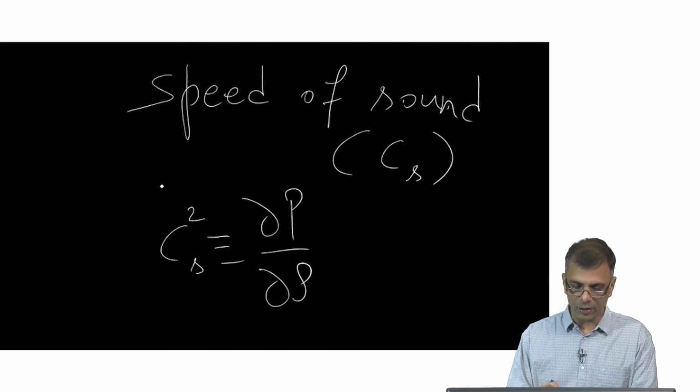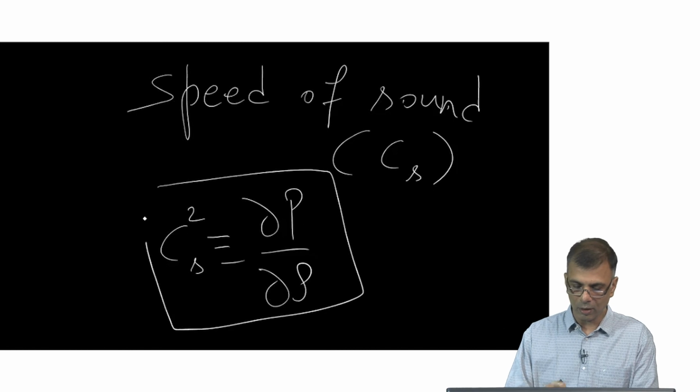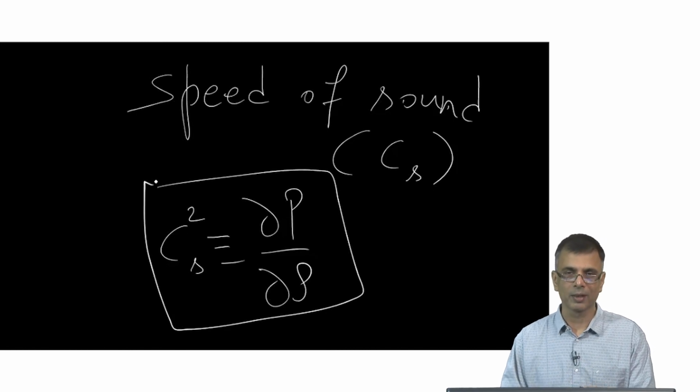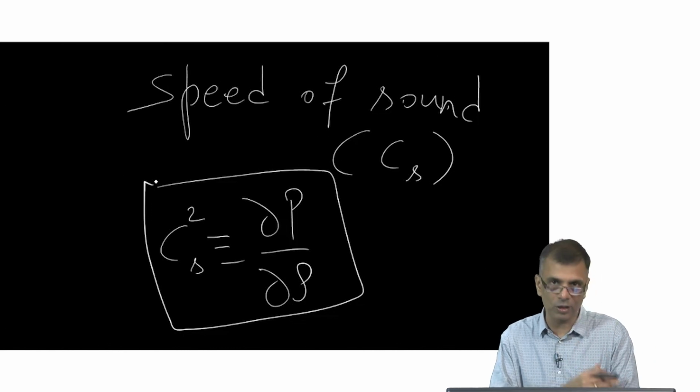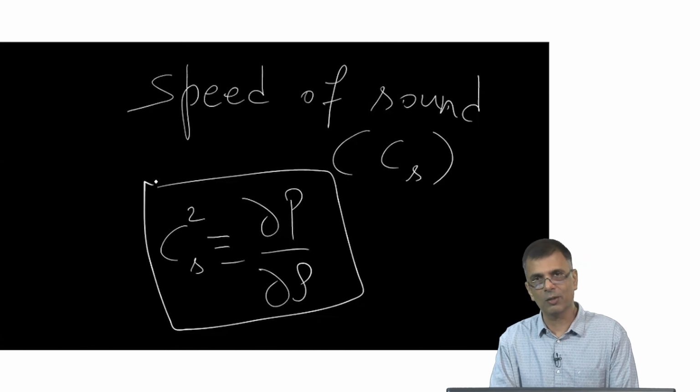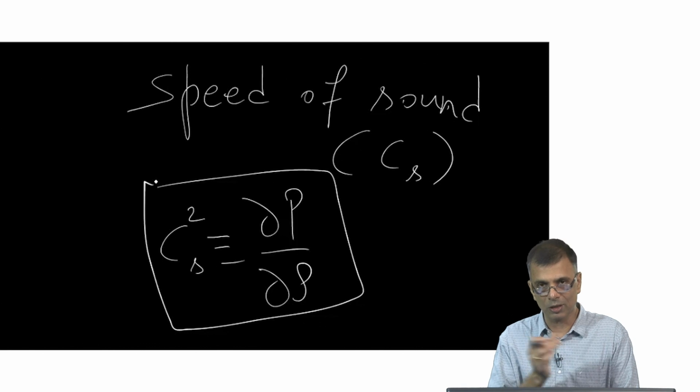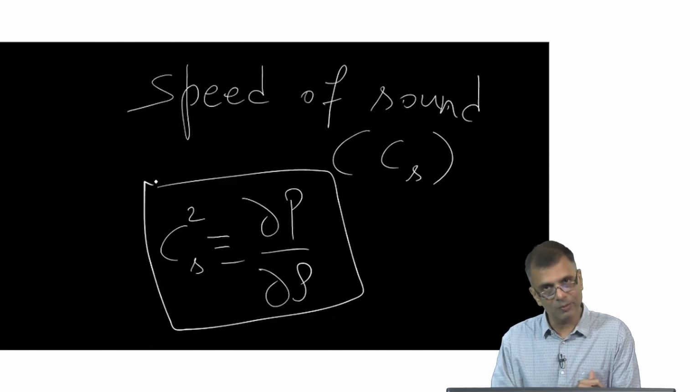So we will derive this. We will see where this comes from. That's our first goal. We will figure out how it is that the speed of sound, which is essentially the speed at which small disturbances travel, is always this.